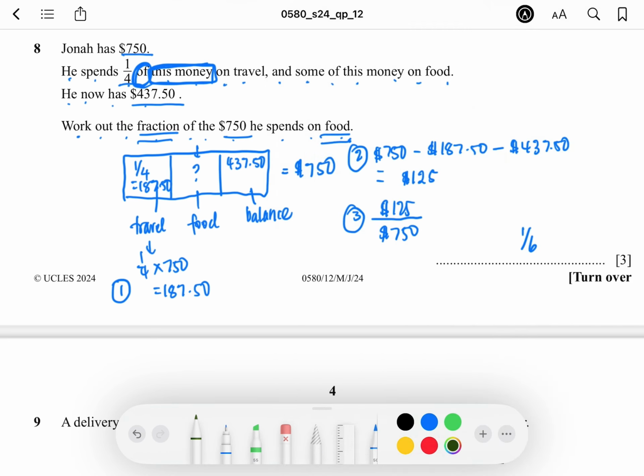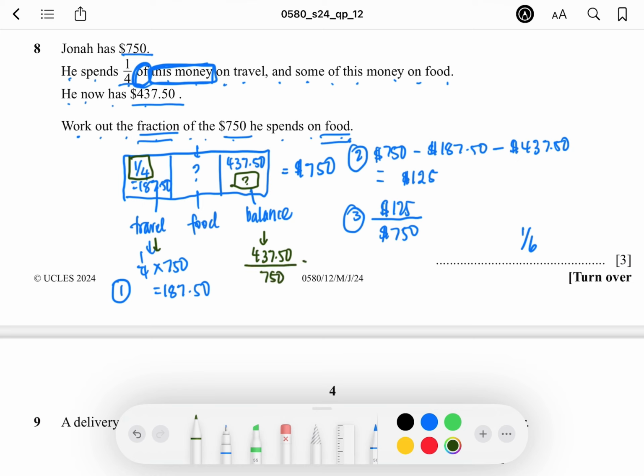Now another method is, instead of teacher tukar travel ke duit, because sini sudah ada fraction, so what I want to do is I want to find the fraction here. So fraction sini macam mana cari? 437.50 cents over 750.